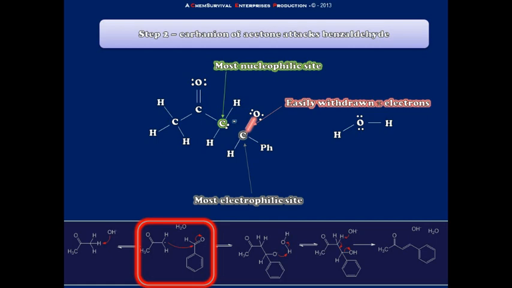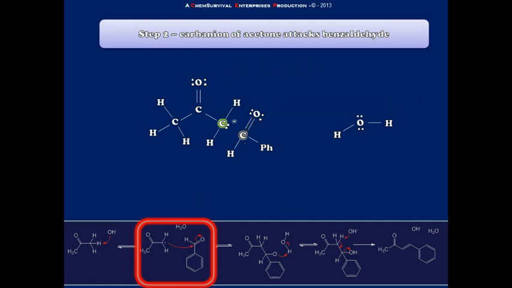So let's watch everything in action now. So our nucleophilic attack will take place, and withdrawal of pi electrons will be simultaneous. Great. So now we've made a tetrahedral intermediate. And this tetrahedral intermediate is also somewhat basic. So it's going to take a proton from the water that we generated in the first step.